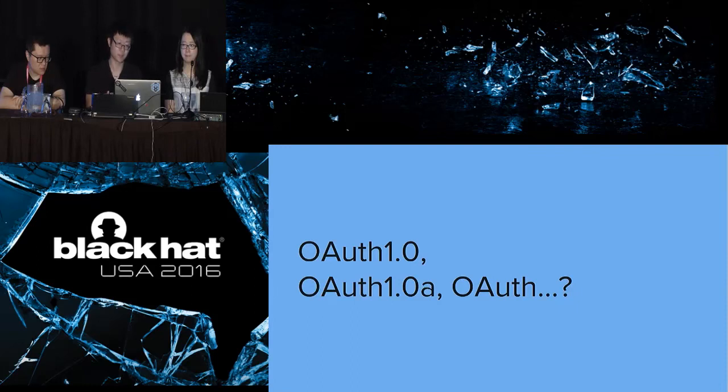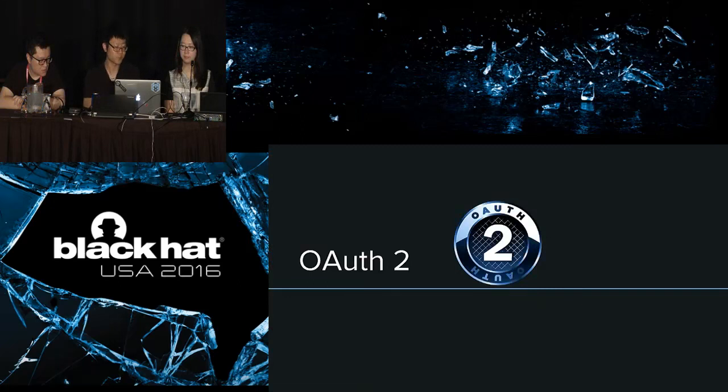And the answer, if you want to use OAuth for authorization, is do not use OAuth 1. As we said, a more simplified version came out after OAuth 1, which is OAuth 2. OAuth 2 solved some problems, but OAuth 2 still had many security vulnerabilities.